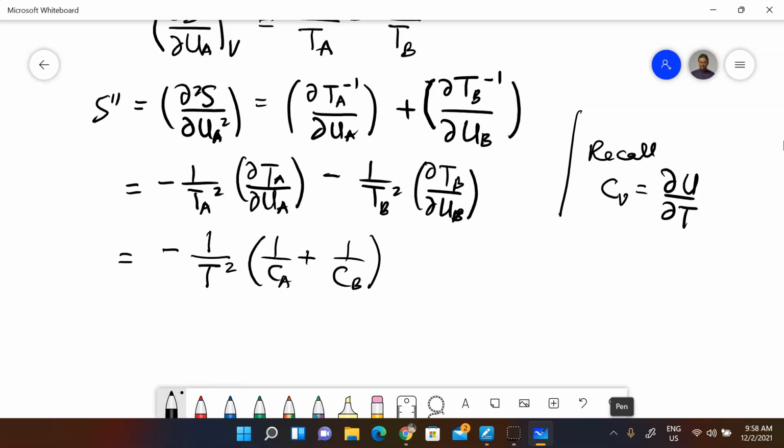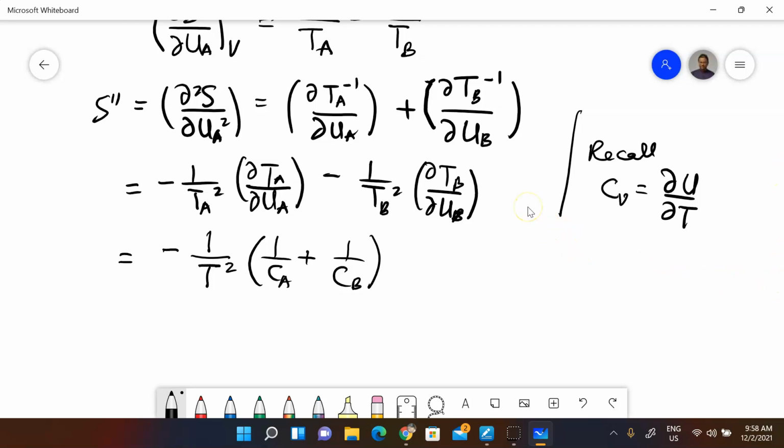So in other words, what we have seen is we can relate, remember, your S double dash is with respect to fluctuations, and one can relate this with the heat capacities of the two subsystems.